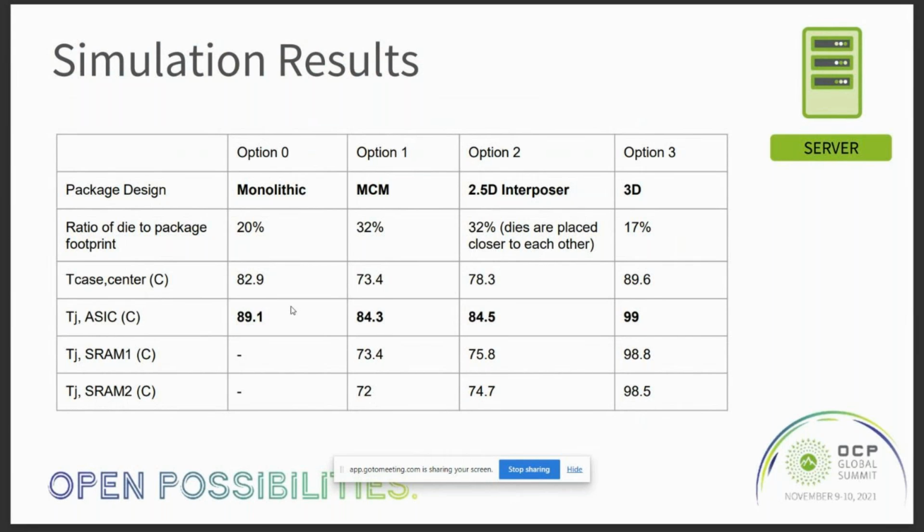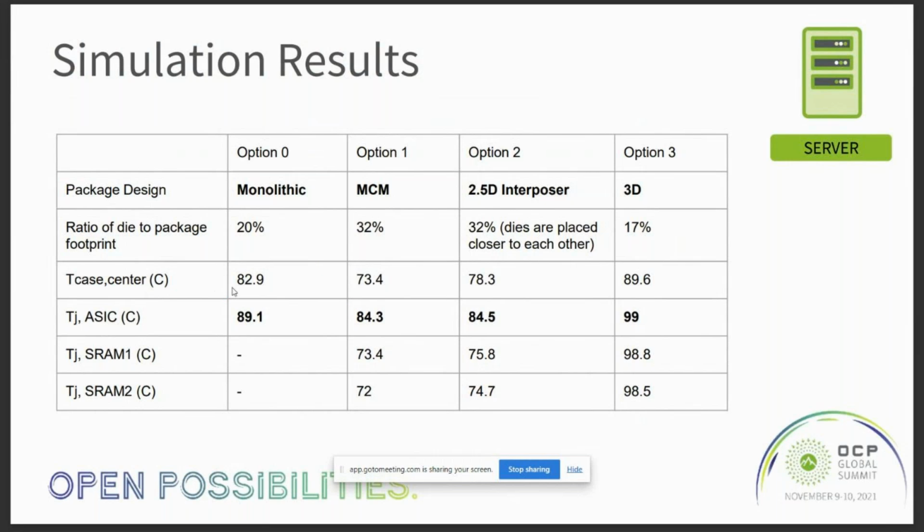You can see that for the monolithic die, the junction temperature is about 89.1, and for the 3D stack die, the junction temperature is 99. For the 3D stack die, the junction temperature is higher, and this is reasonable. And for option 1 and option 2, MCM and a 2.5D interposer, the junction temperature is about 84. So it's in between the monolithic die and 3D stack die.